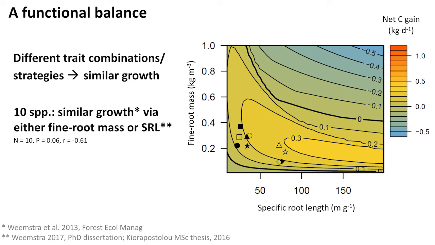Later, I went back to the forest and sampled the fine roots of these 10 different species, and I plotted them in this performance landscape. Each symbol here represents a different species. And you can see that here is a group of 4 species that had a higher specific root length but a lower fine root mass. And here's a group of 6 other species that had lower specific root length and a higher fine root mass.